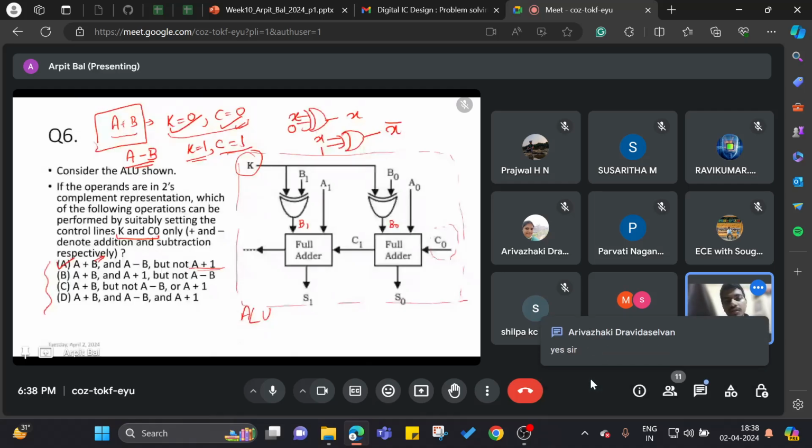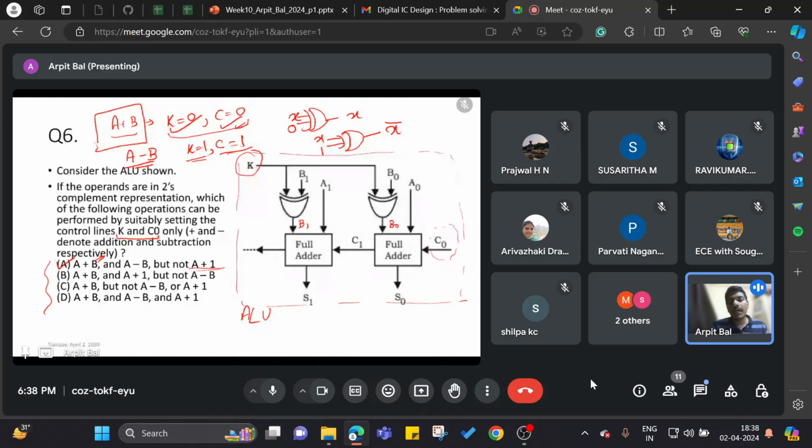Now we are given some inputs A1, B1, A0, B0, C0 and C1 and K. And it is told to us that we have control over only two things, that is K and C0.